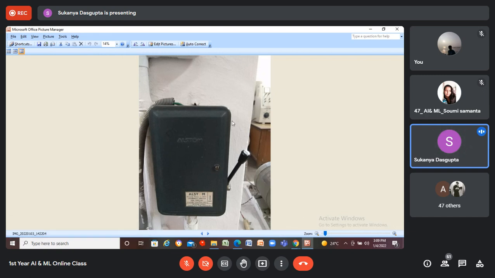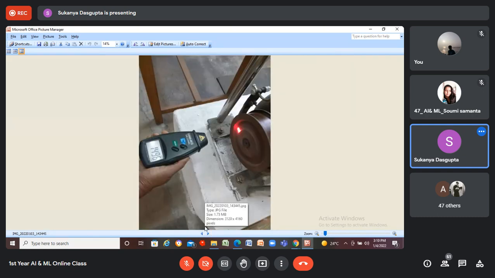When the power is switched on, what will happen? This handle will be in the upward direction. It means that the circuit is on, the supply is on. This is the tachometer measuring the speed.